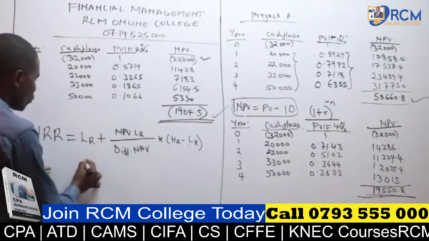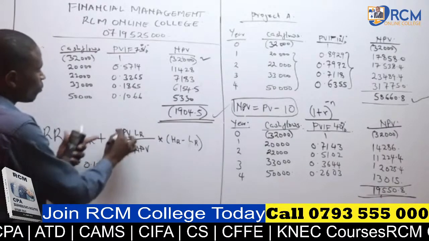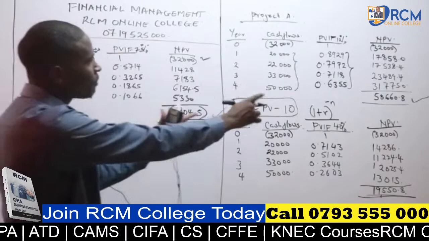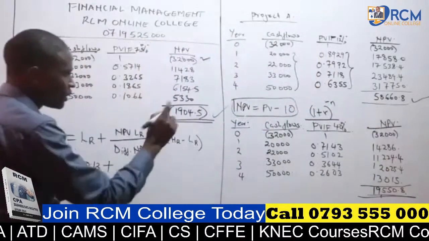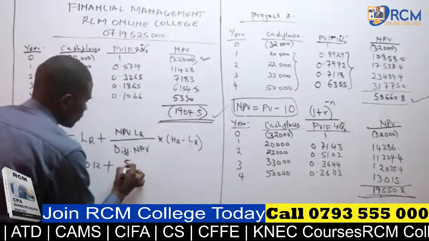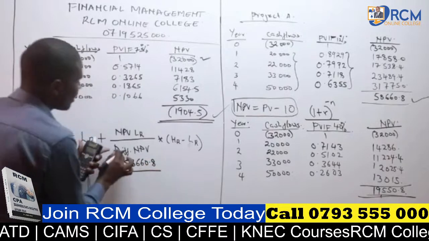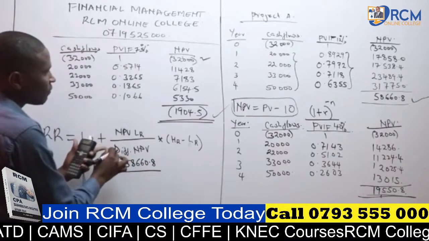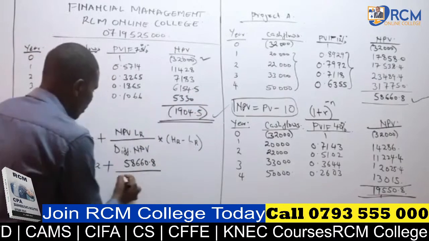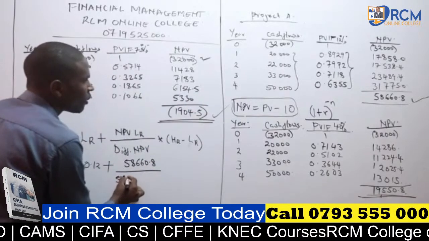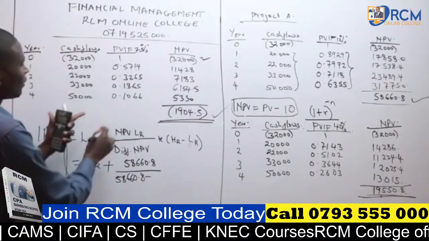We have it there. 0.12, right? Plus, what is the NPV of lower rate? NPV of lower rate is here, 58,660.8. Divide by difference in NPV. The difference in NPV, you pick the NPV of lower rate, 58,660.8, minus this one.